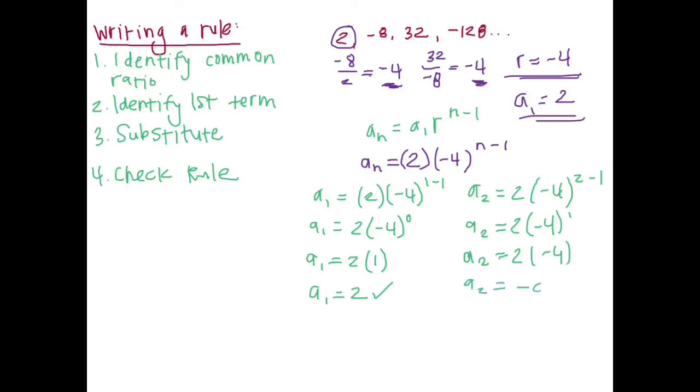And 2 times negative 4 is negative 8. If you look up at the list, you'll see that the second term is negative 8. And you can go ahead and check the third and the fourth term as well to make sure that this sequence is represented by the rule a sub n equals 2 times negative 4 to the power of n minus 1.